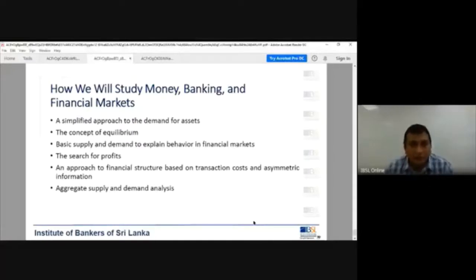A similar approach would be brought into the discussion, but we would be looking at financial assets, right? So then we look at the so-called equilibrium concept. You are very much familiar with these things, right? So supply side, demand side, we will look at, because these two interact, as I was mentioning, foreign exchange and the marketplace.